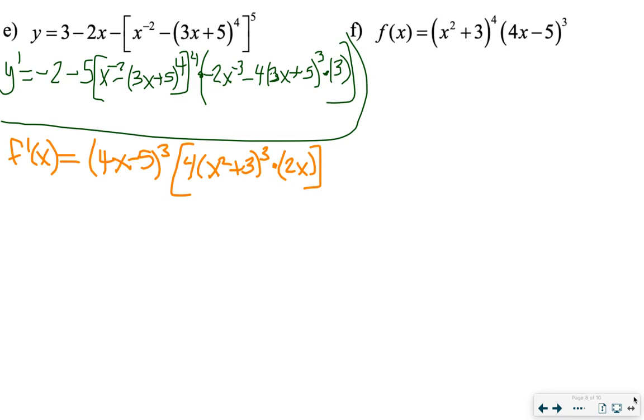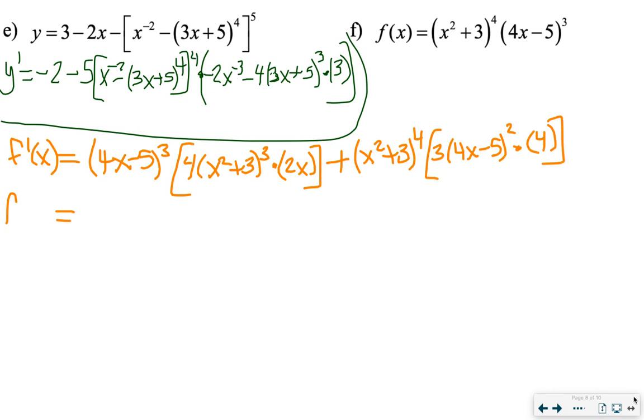Okay, second times the derivative of the first plus my first, x squared plus 3 to the exponent 4 times the derivative of my second, so use that power rule, times the derivative of what's inside of the brackets. And then we simplify things a little bit here.